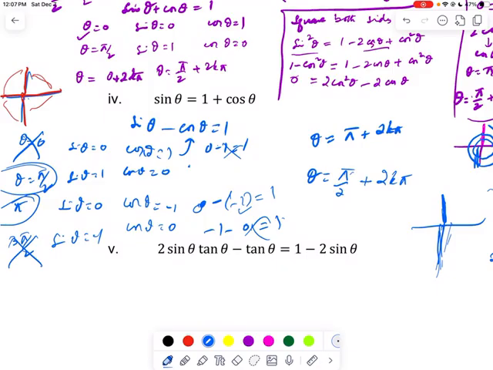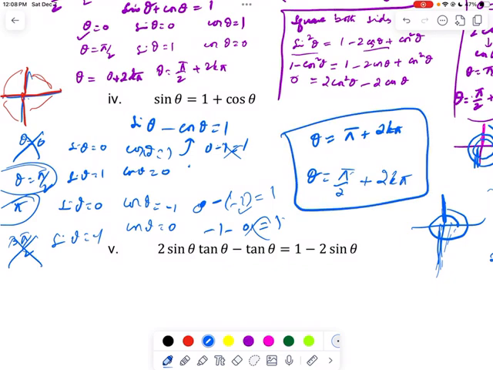The only time you get your solution is when you have pi over 2 or the whole circle complete, which means 2 pi plus pi over 2, then 4 pi plus pi over 2, and so on. So this is our solution.